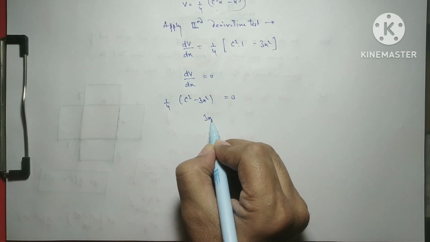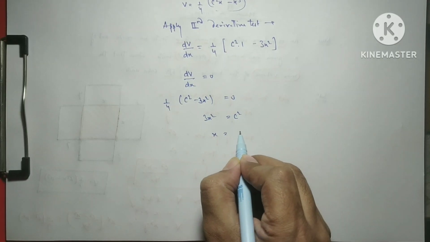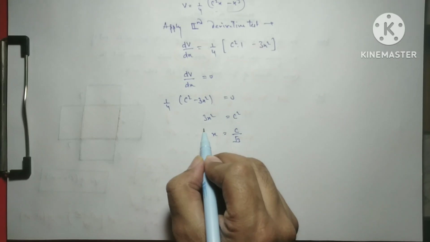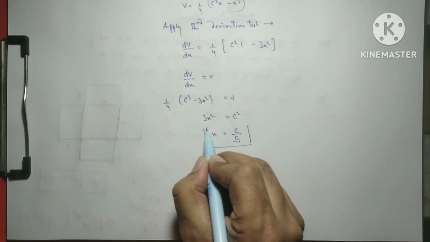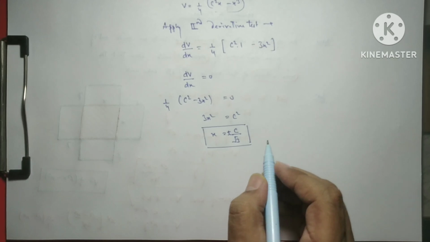So 3x square equals c square. So x equals c over root 3. It is positive or negative, but we will consider only positive.